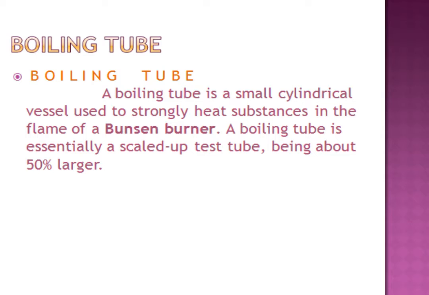So according to the slide, it is used to strongly heat substances like small solid particles, for example, very small pieces of iron to turn iron into a liquid, or any other solid particles. Chemists can also heat liquids like water, milk, etc. using a boiling tube. The tube heats its substances in the flame of a Bunsen burner. It is essentially a scaled-up test tube.